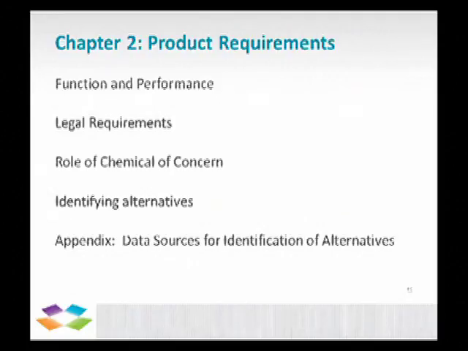For example, if looking for an alternative for a plastic container, they may consider a different plastic polymer or a totally different material: glass, aluminum, steel. It is the responsibility of the entity to show and justify their decision about selection of alternatives. The appendix of Chapter 2 provides and suggests sources of data when searching for alternatives.